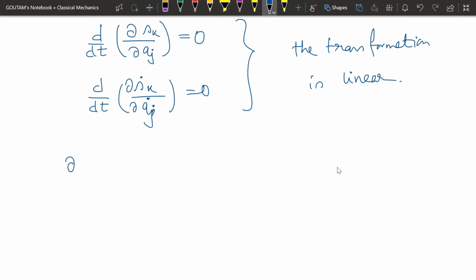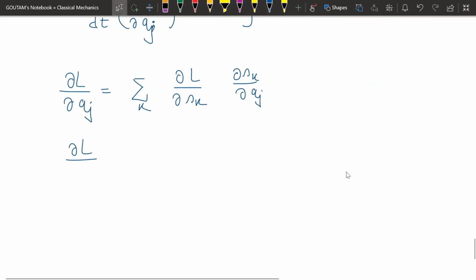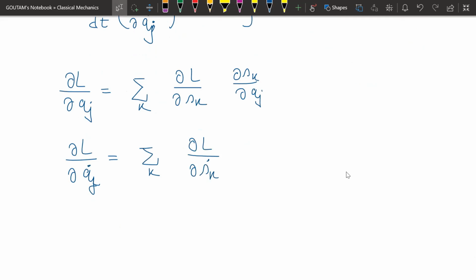And now we have del L del qj equals sum over k del L del sk del sk del qj, and del L del qj dot equals sum over k del L del sk dot times del sk dot del qk dot.